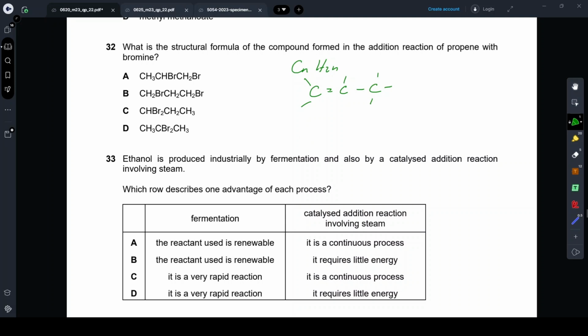Point being that you're going to get one bromine on the first carbon and one bromine on the second carbon. If you flip this around, that's what you're getting: one bromine on carbon number 1 from the other side, and then one bromine on carbon 2. You're not going to get both bromines on one carbon. Obviously, C and D are completely out. It's not going to be scattered to the ends because that's not how double bonds work. So you're going to get A.